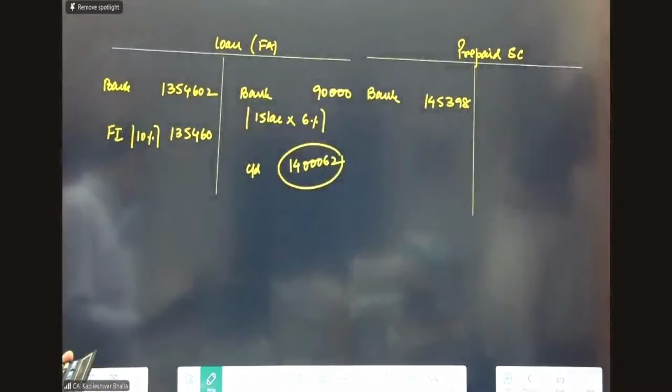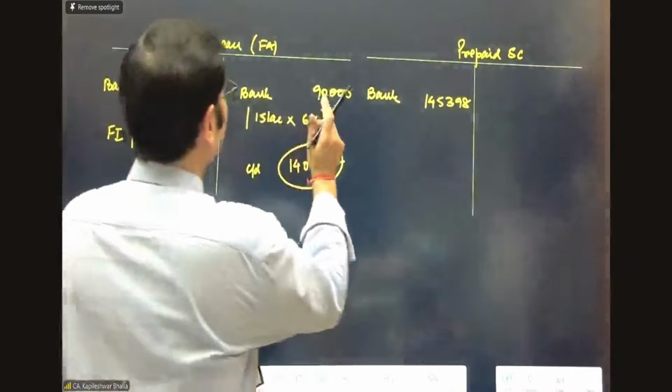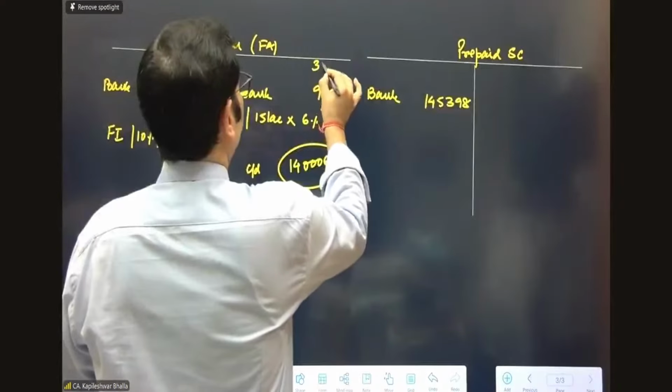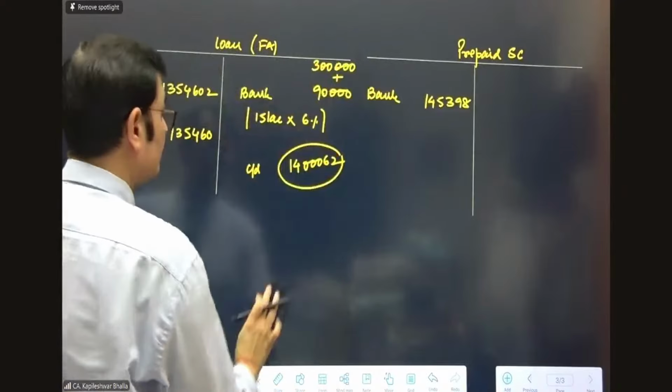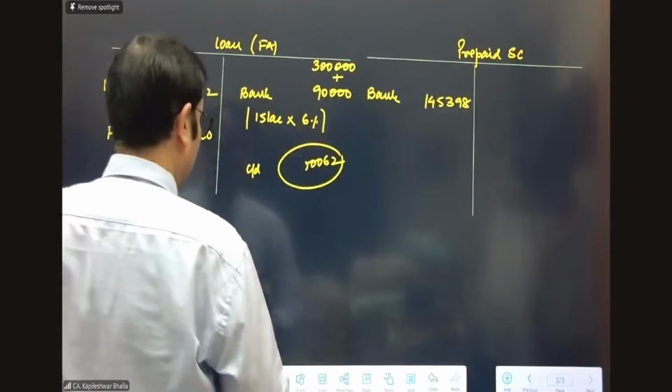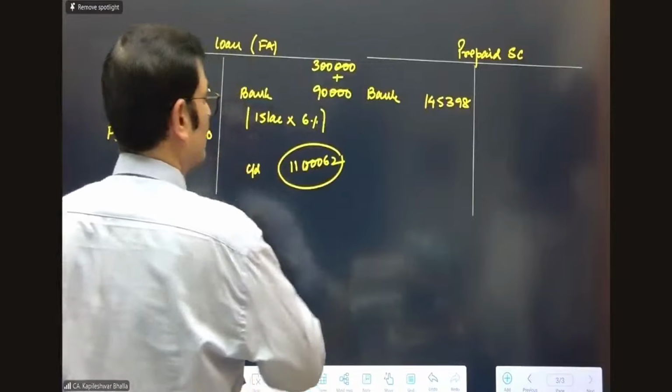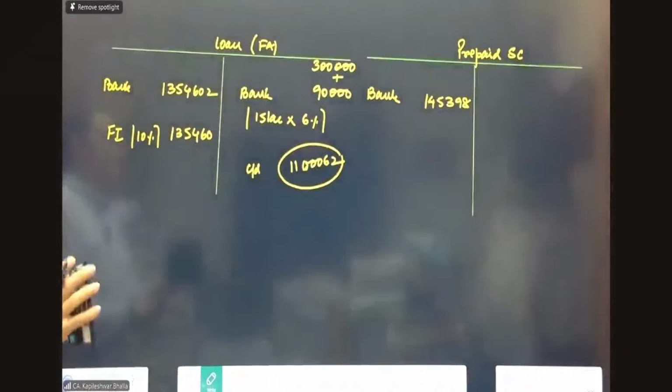That becomes the closing balance in this case. Okay, so this is done. Sorry, there was a principal repayment as well. We forgot to take the principal repayment also. That is another 3 lakh. So this will become 11 lakh 00,062 as the closing balance.